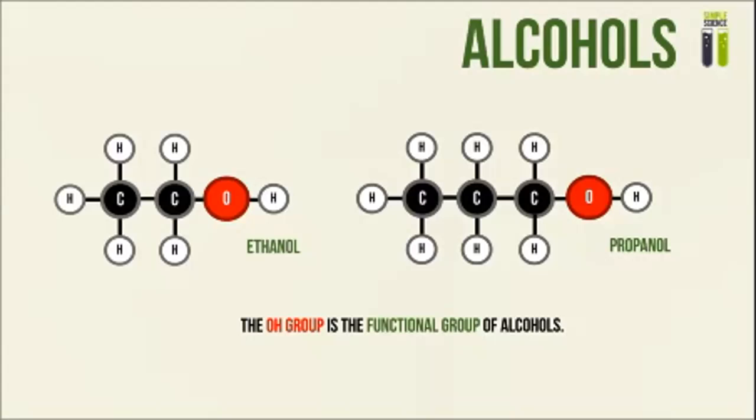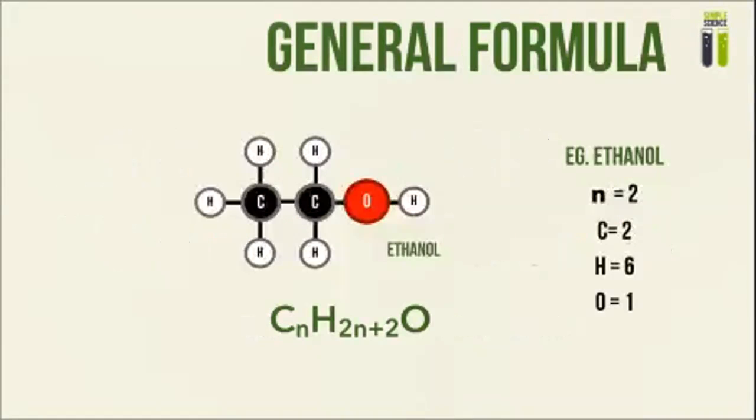synthesize alcohols. Now, alcohols are described as a particular organic compound that has an OH group attached to it. And this OH group, known as the alcohol group, is responsible for the properties and reactions of alcohols.